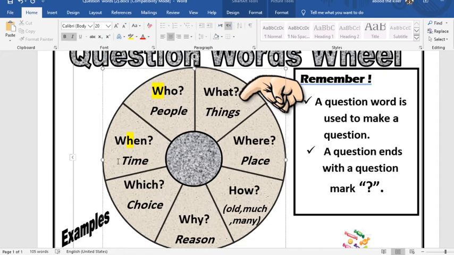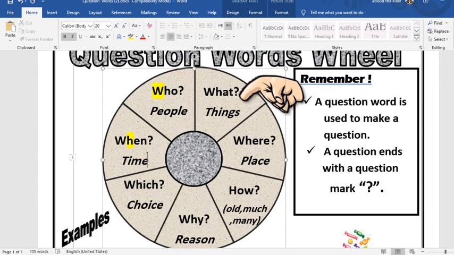I woke up this morning at 7. So we use when to ask about a time, whether it is a year or an hour or a date or part of the day. Any kind of words or information that shows time, we use when.